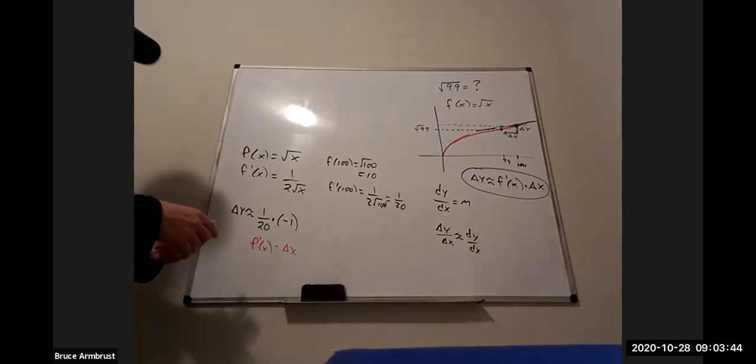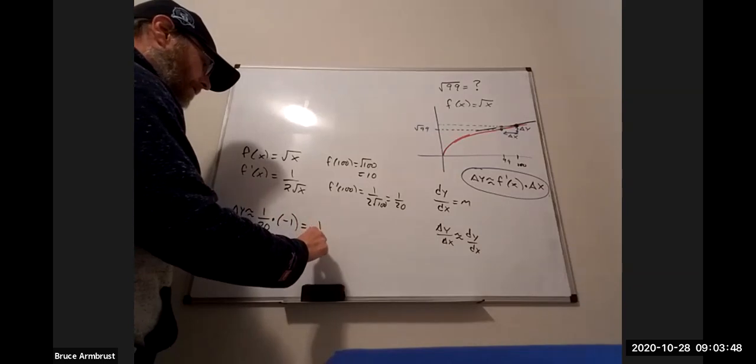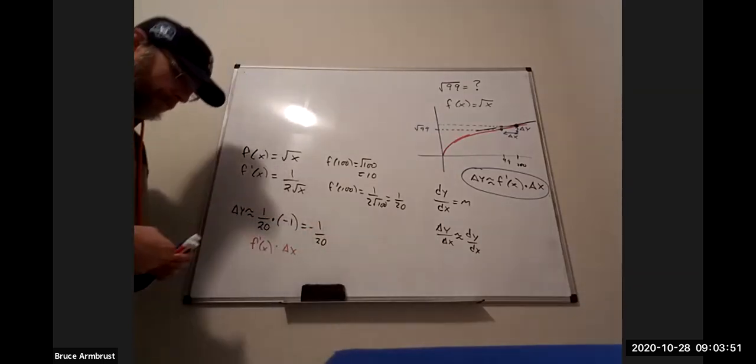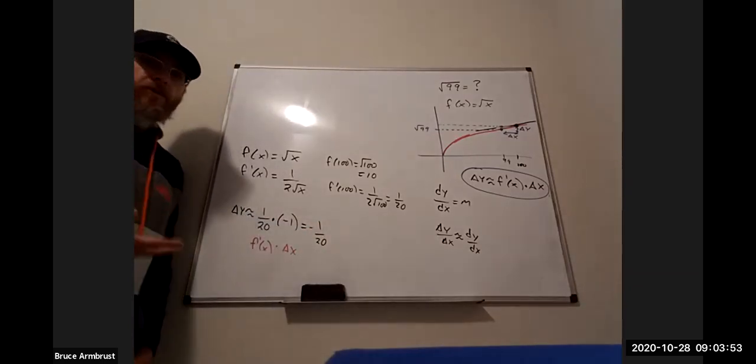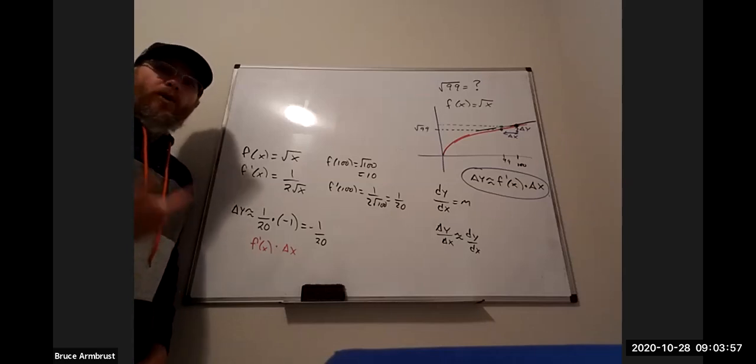All right, well, multiplying these together is super easy. So we get -1/20th. All right, so what does this mean?